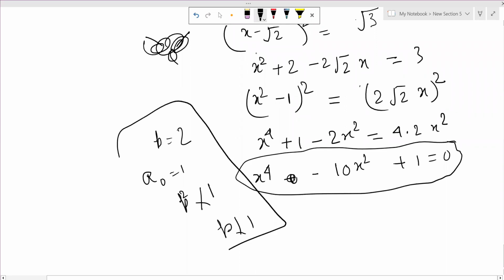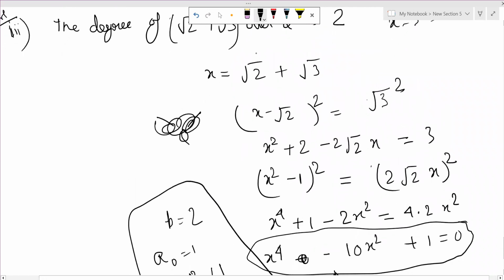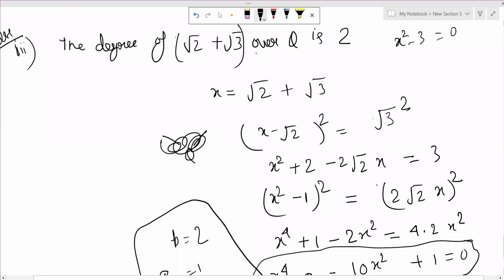So you can use the Eisenstein criterion. By that, it is irreducible. How will you prove it is the least degree, the minimal polynomial? You should prove that this is the least degree, right? How will you prove this? Tell me.